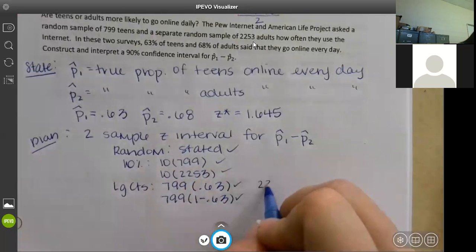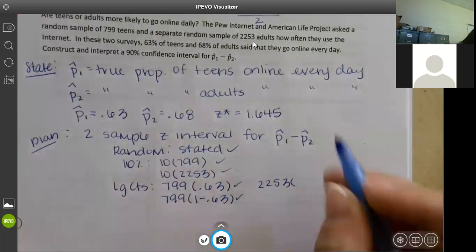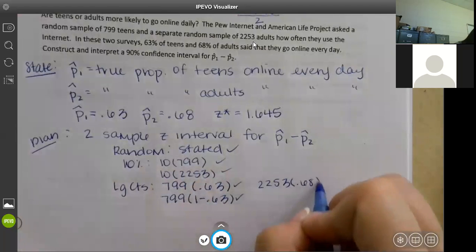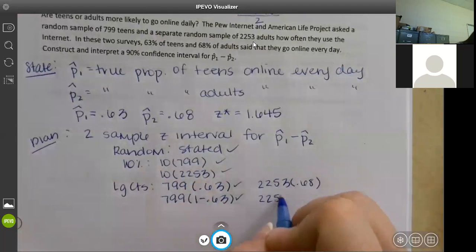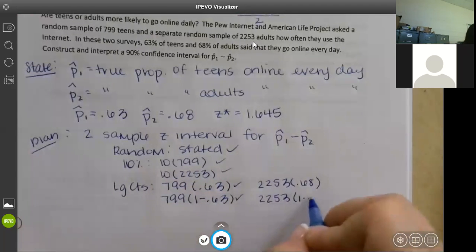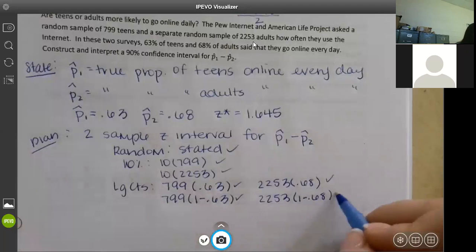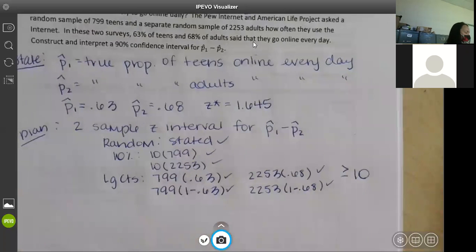Then you have 2253 times 0.68 and 2253 times 1 minus 0.68. All of these are greater than or equal to 10, so they all work. The numbers are 503, 296, 1532, and 721, all greater than 10.